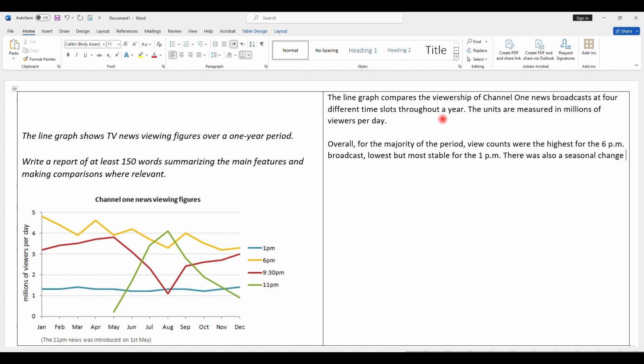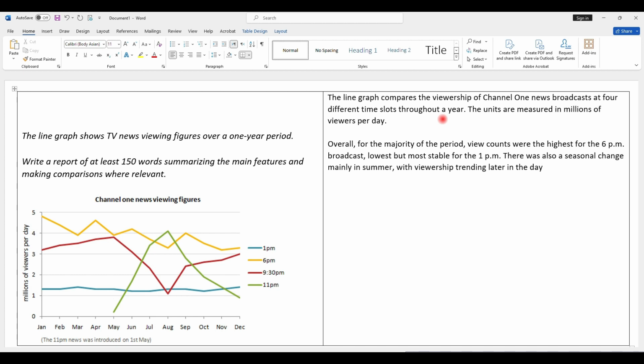Seasonal change, mainly in summer, with viewership trending later in the day, because the green one was later at night.